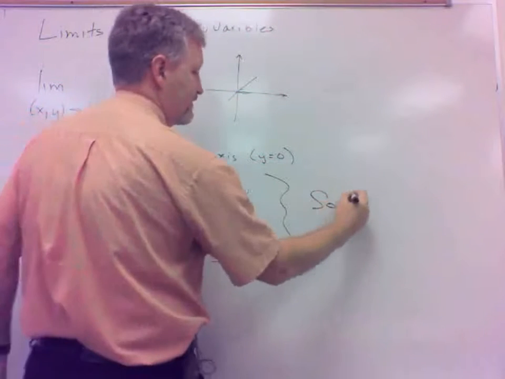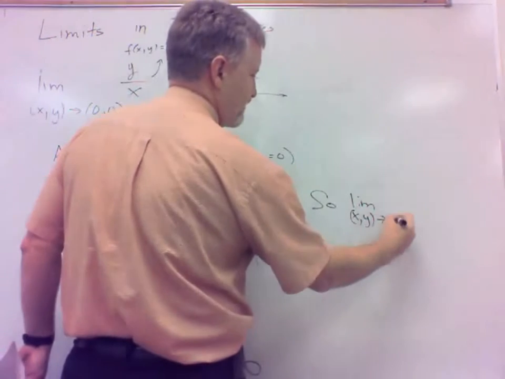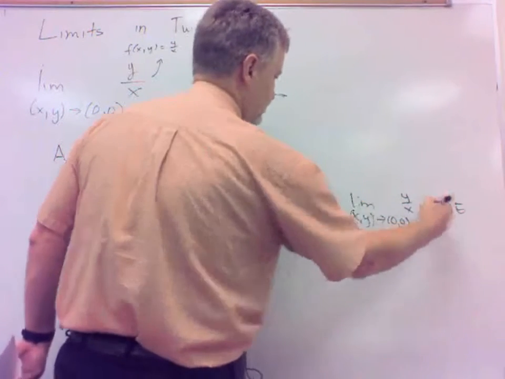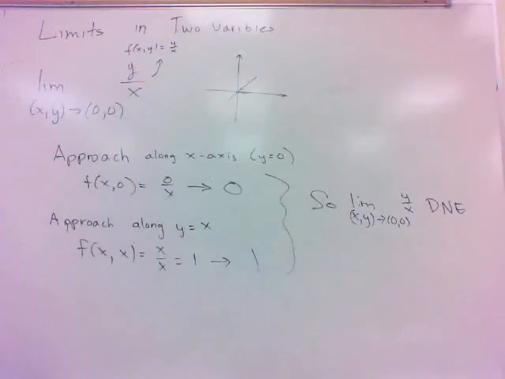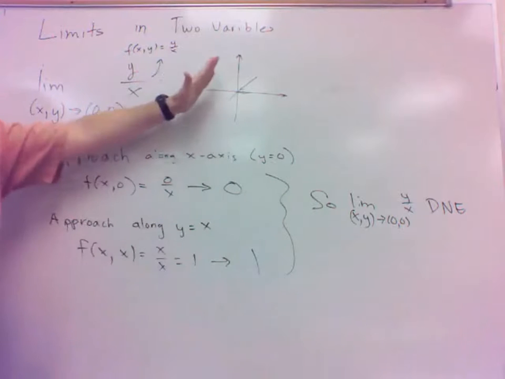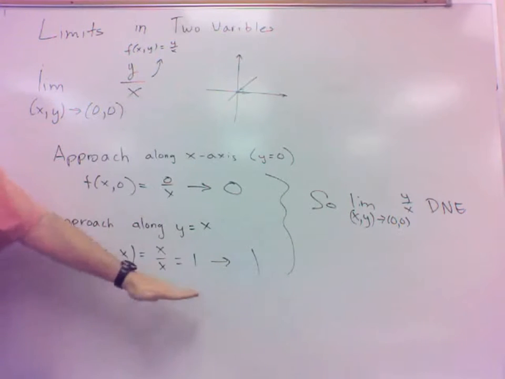So the limit as (x, y) approaches (0, 0) of y over x does not exist. We've got two different values. And of course, you could think of others, like y equals 2x. That would approach (0, 0) in a little different way, but you would get 2 there.